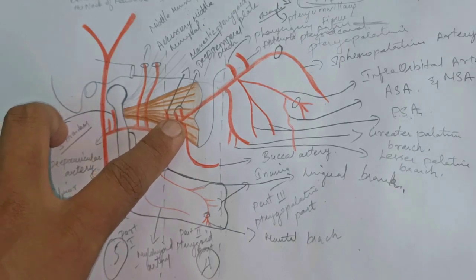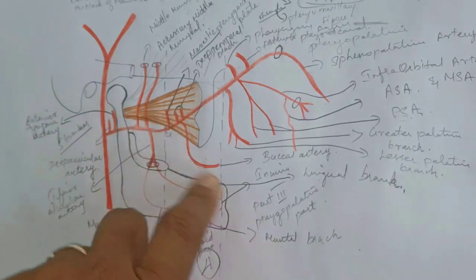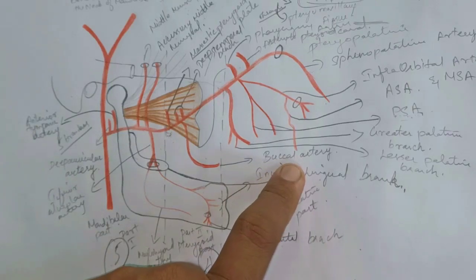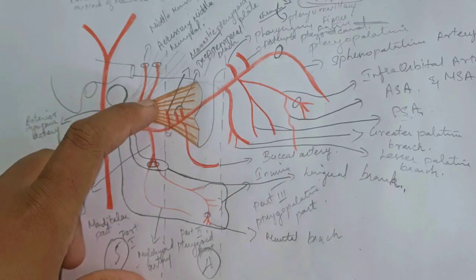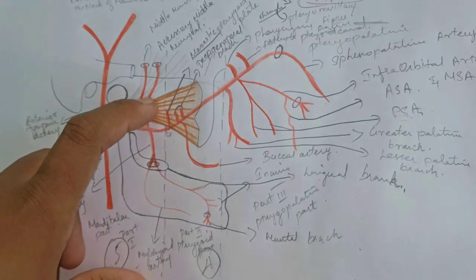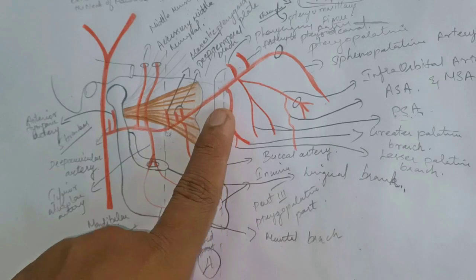And your third branch is your buccal artery. See, this is your buccal artery, which supplies the buccal region or buccinator muscle. The fourth I didn't draw, that is artery to the pterygoid region, that supplies medial and lateral pterygoid muscle. This is your lower head, so I didn't draw that.